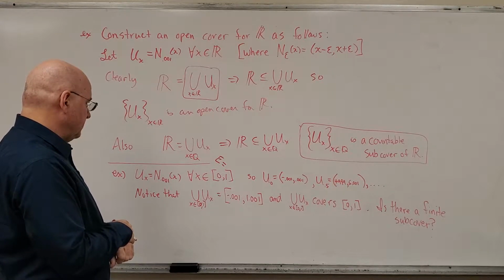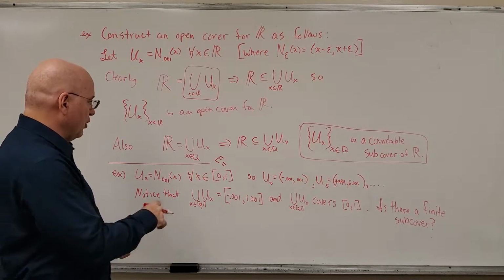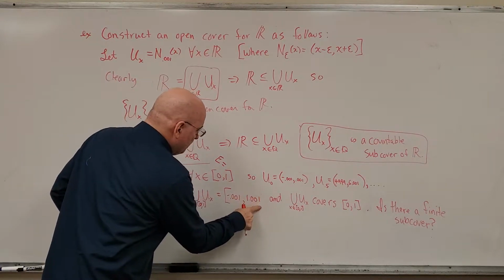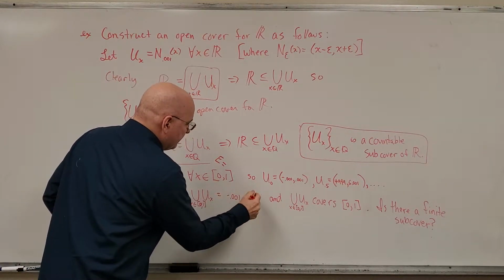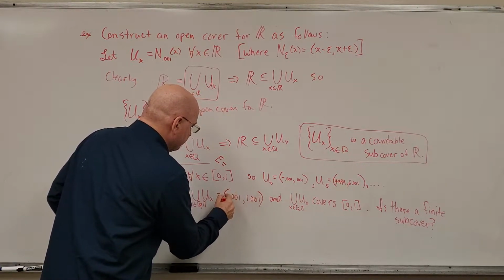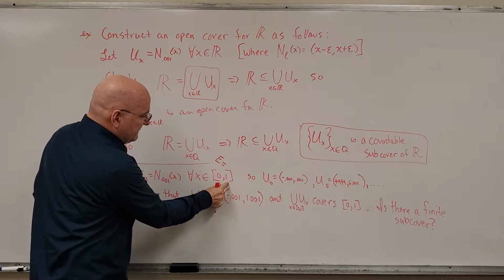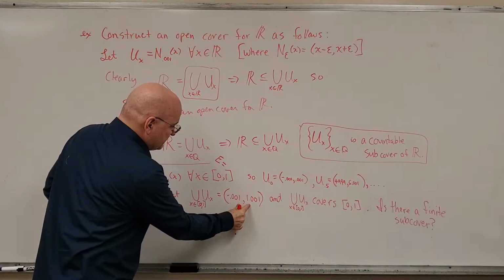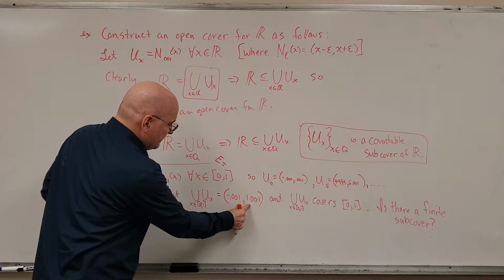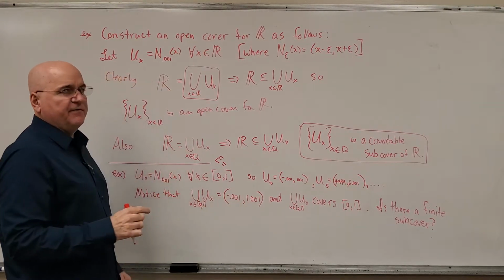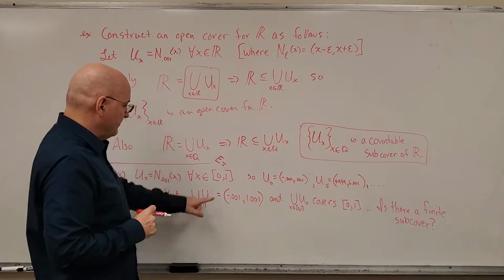Let's see, did I do that correctly? They were open intervals, so this should be an open interval. We're unioning together all of those open intervals. But this closed interval is completely contained inside the union of all those U_x's. Therefore, we have an uncountable cover for this.